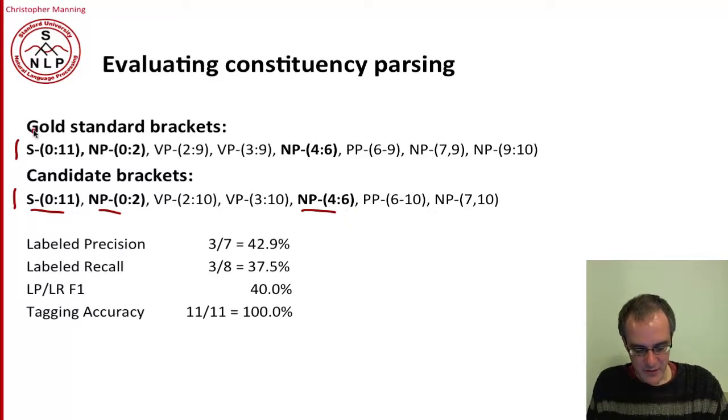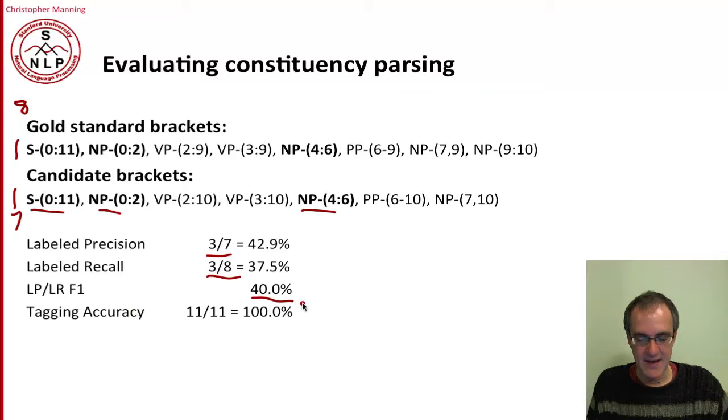And so in total, there are 8 bracketings in the gold parse and 7 in the proposed parse. So the labeled precision is 3/7, 42.9%, recall 37.5%, and the F1 that combines those in the usual way comes out as 40%.